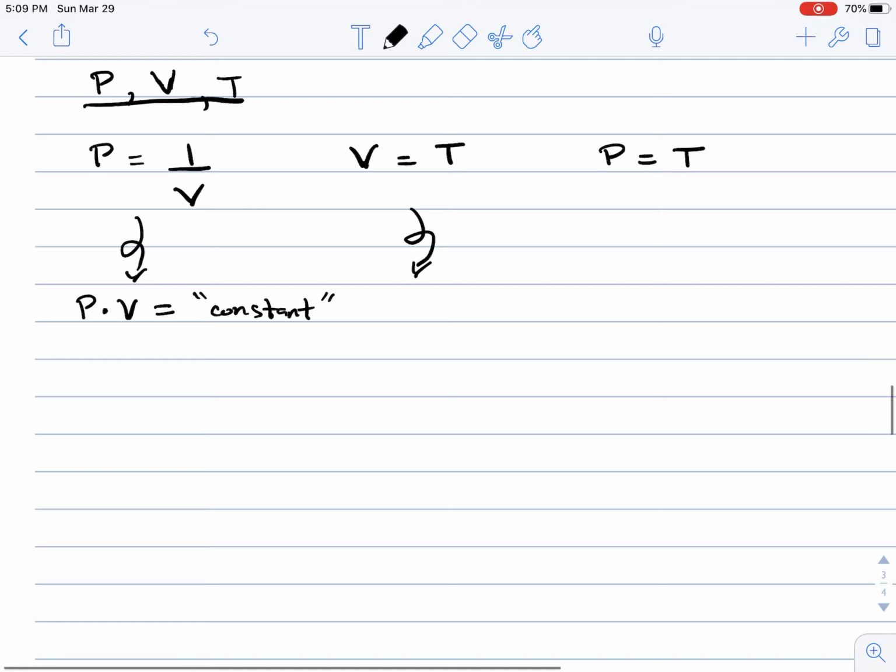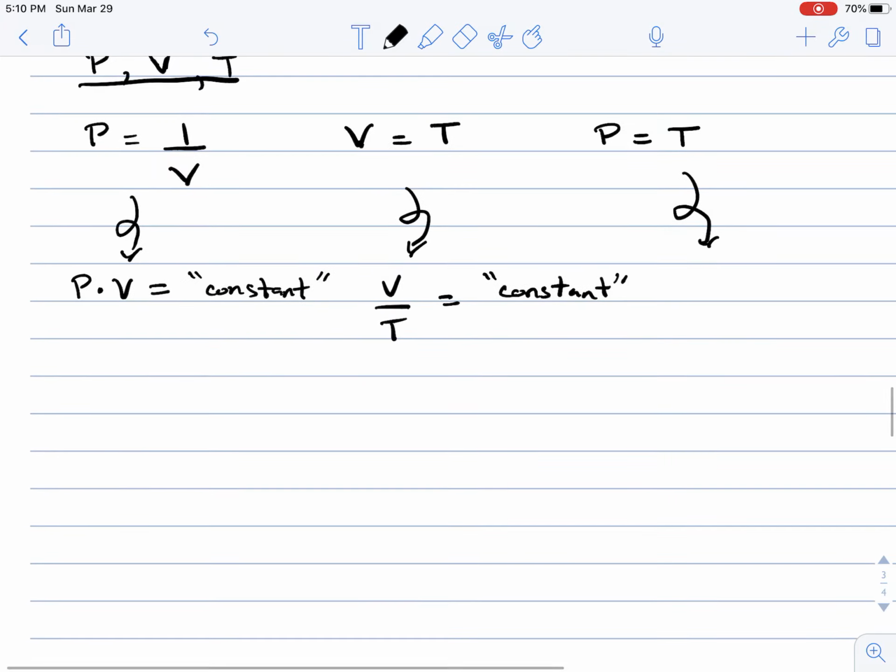Using this relationship, we get V over T is equal to some constant. And last but not least, if we have pressure and temperature and solve for the constant, it's going to be P over T, and that equals some constant.